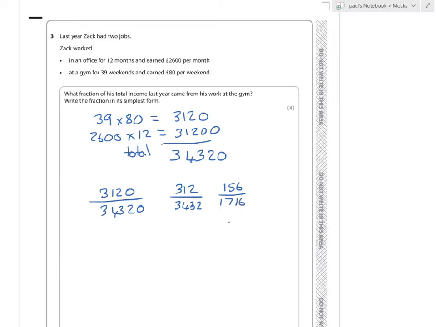Let's half that again. 1716 divided by 2 is 858, and 156 divided by 2 is 78. Keep going, divide again. 78 divided by 2 is 39, and 858 divided by 2 is 429. Right. What can we divide by now?